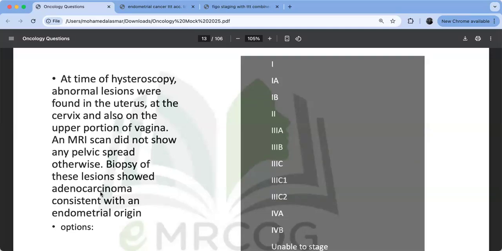At the time of hysteroscopy, abnormal lesions were found in the uterus, at the cervix, and also on the upper portion of the vagina. MRI scan did not show any pelvic spread otherwise.